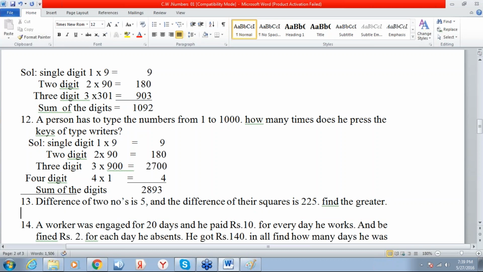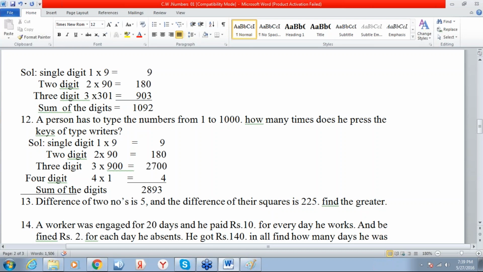Then the difference between the two numbers is 5 and the difference of their squares is 225. Same question. Then the answer: 225 divided by 5 is 45.